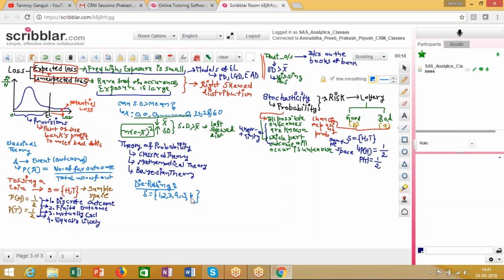Now, having said that it is an unbiased die, what I want to know is what exactly is the probability of getting each outcome. So what is the probability of getting one?